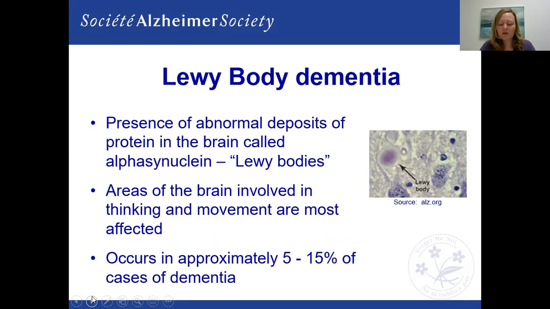These deposits are called Lewy bodies after the scientist who first described them. The process that leads to the formation of Lewy bodies is unknown at this time, but areas of the brain involved in thinking and movement appear to be the most affected in this type of dementia.